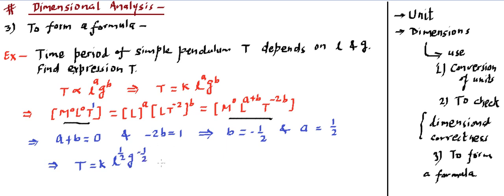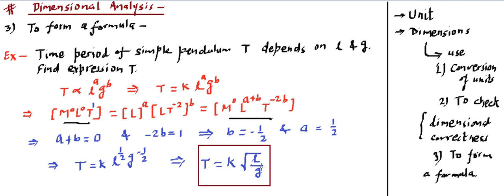We know power 1 by 2 is square root, so this can be written as T is equal to K square root of L divided by G, as G comes downside. This leads us to a formula for the time period that depends on length and gravity. So T is equal to a constant times under root L by G. That is the formula.